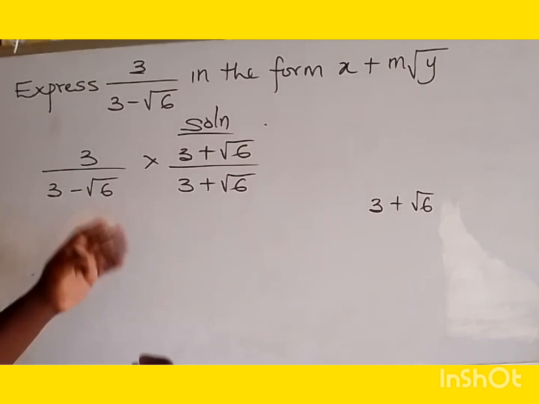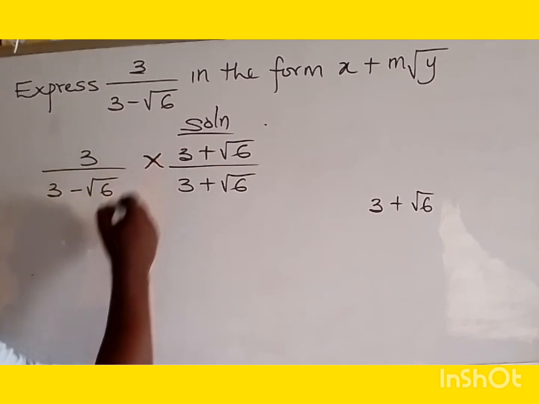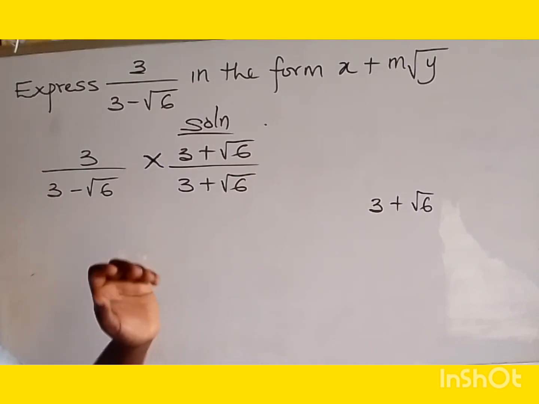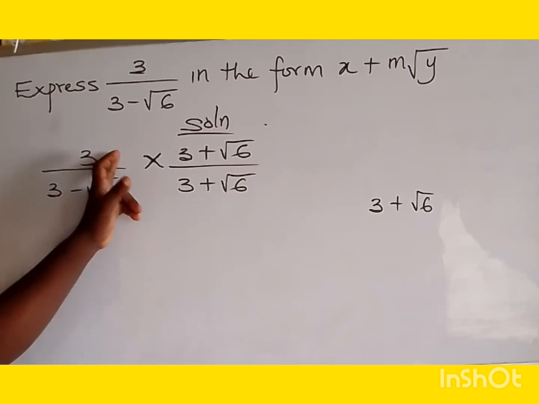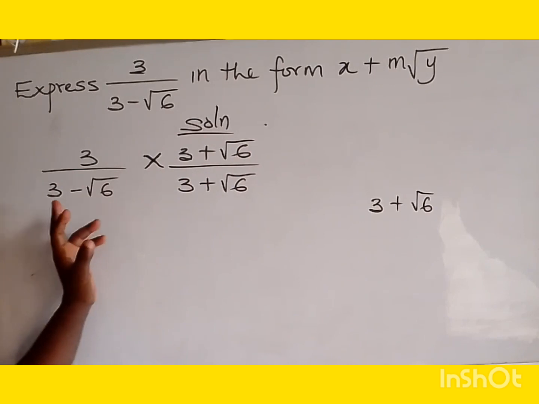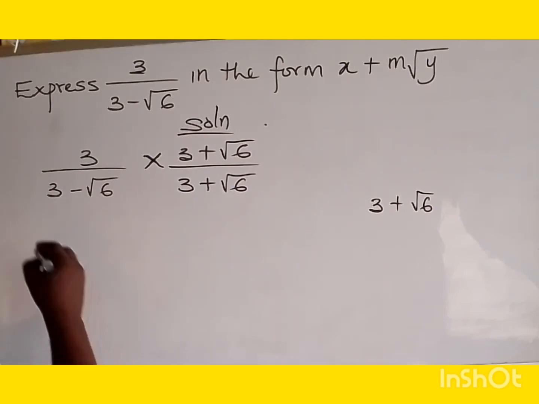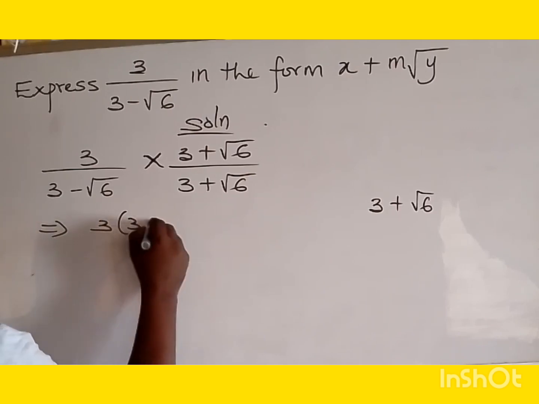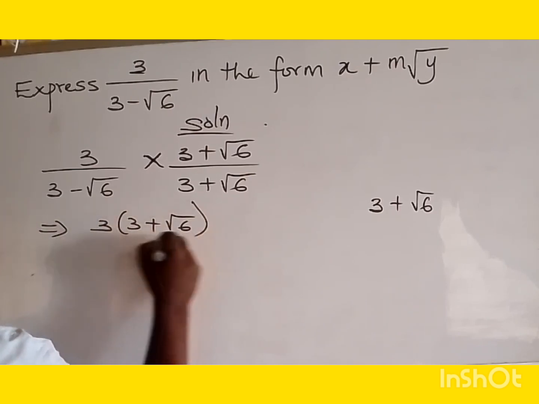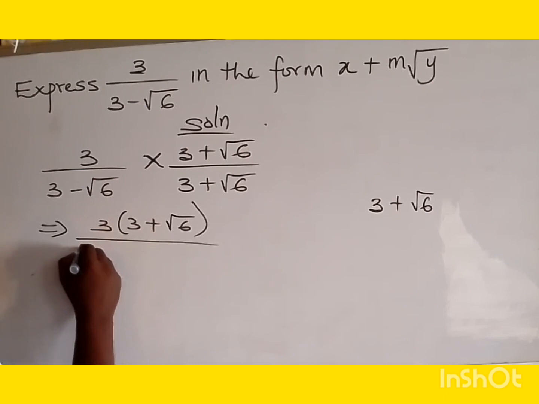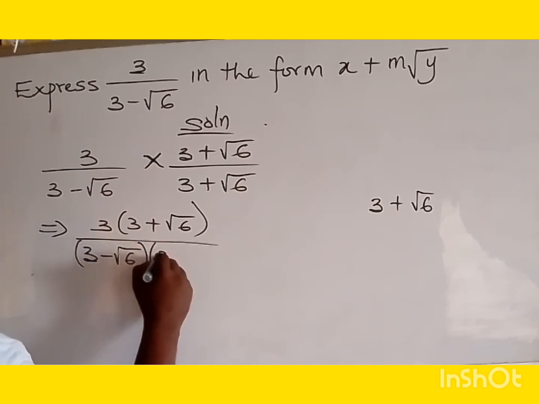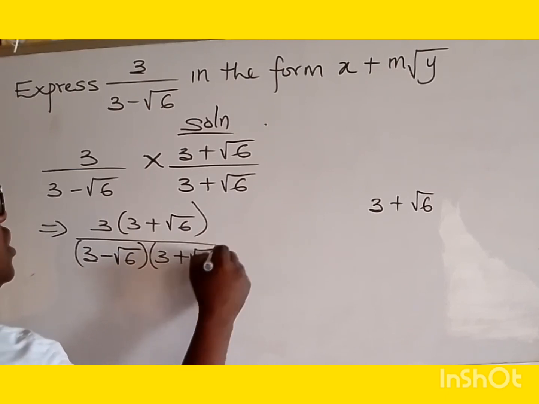From here, I can multiply. I'm not going to cut anything, because if I cut anything here, I'm going to get the question back. So I'll multiply numerator by numerator and denominator by denominator. If you do that, we are going to have 3 into 3 plus root 6 all over 3 minus root 6 into 3 plus root 6.